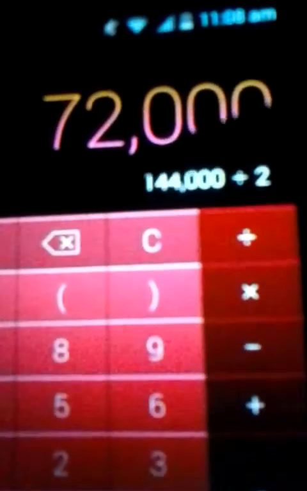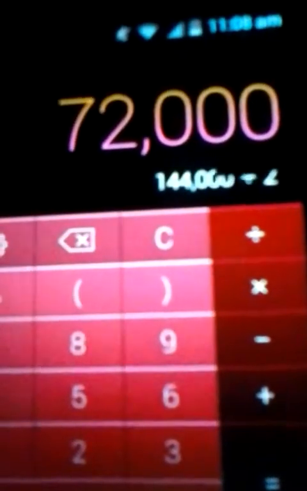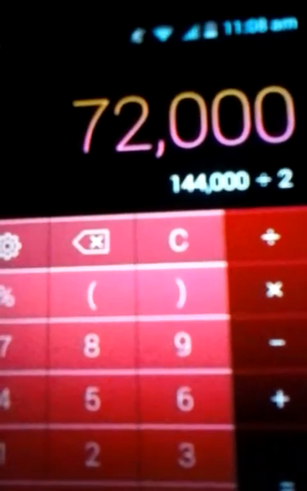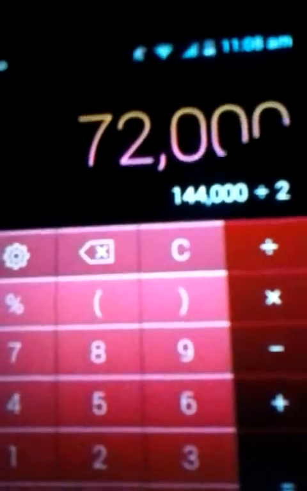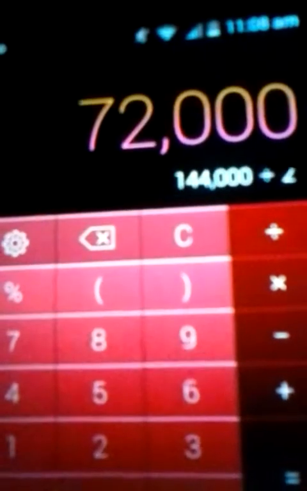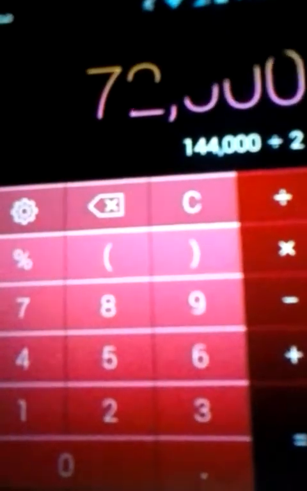Now this is the number 144,000, and I'm going to divide it by the year 2015. What I want to show you is, as I divide by the first number in the year 2015, you can make out the whole gematria of the first verse, Genesis chapter 1, verse 1, 2701.